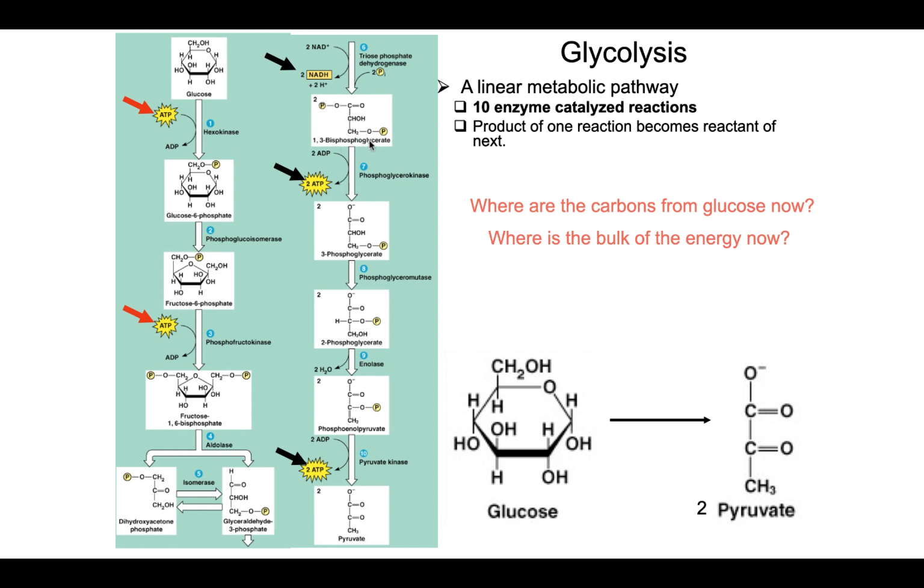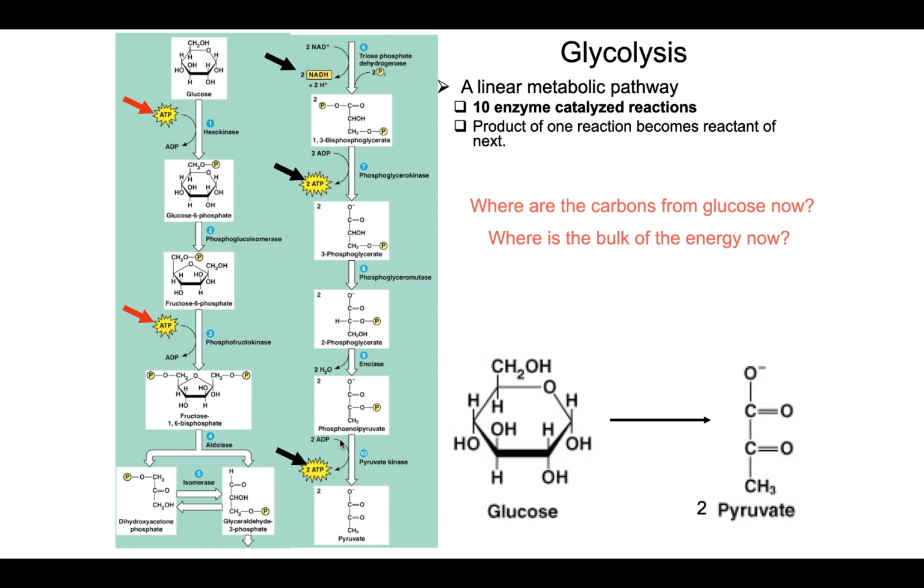Well, it turns out that 1,3-bisphosphoglycerate has higher energy than ATP, which means that this reaction going in this direction, phosphorylating ADP from 1,3-bisphosphoglycerate, is exergonic, and therefore kinase is catalyzing it in this direction, producing ATP.